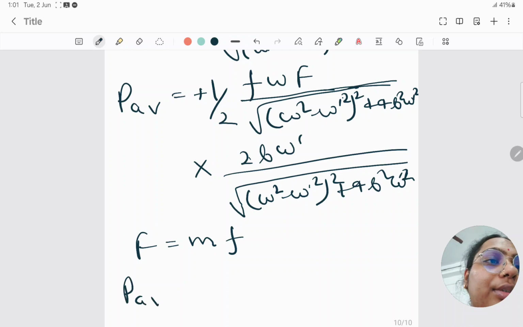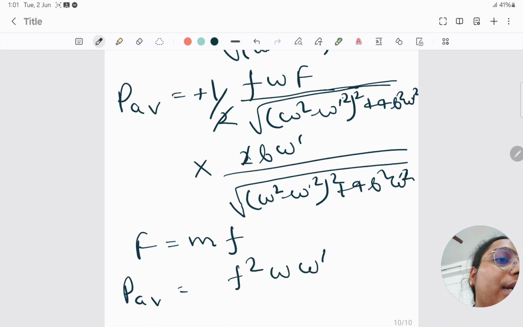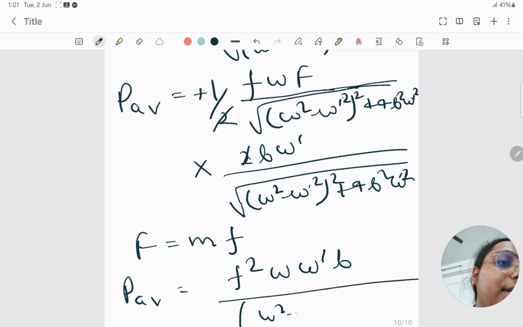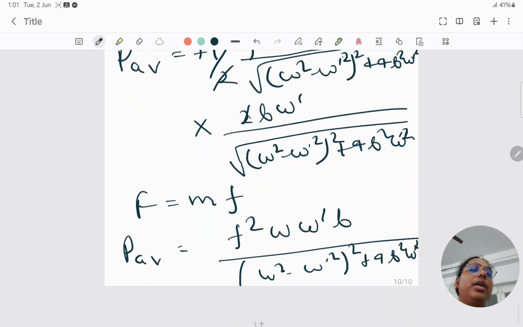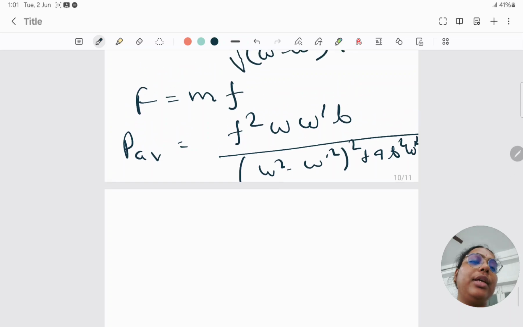So P average you can write 1 by 2 m f² ω'² b divided by (ω² − ω'²) whole square plus 4b²ω'². Okay, so this is the expression for P average.